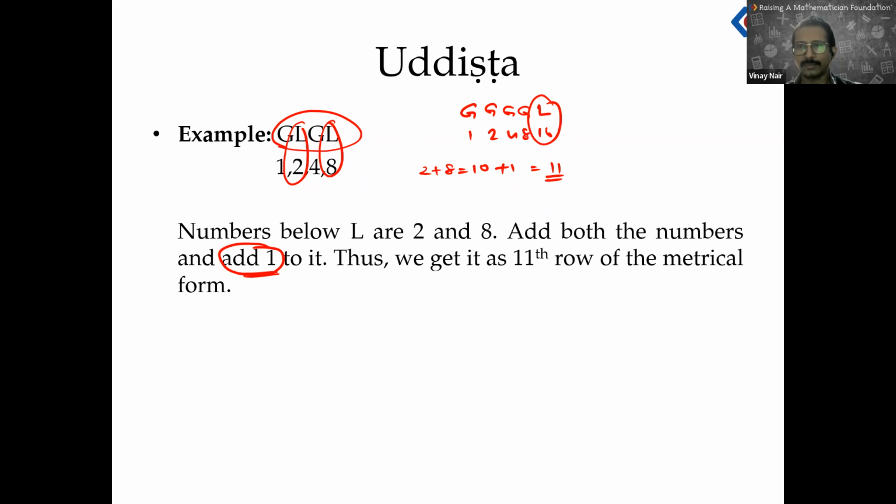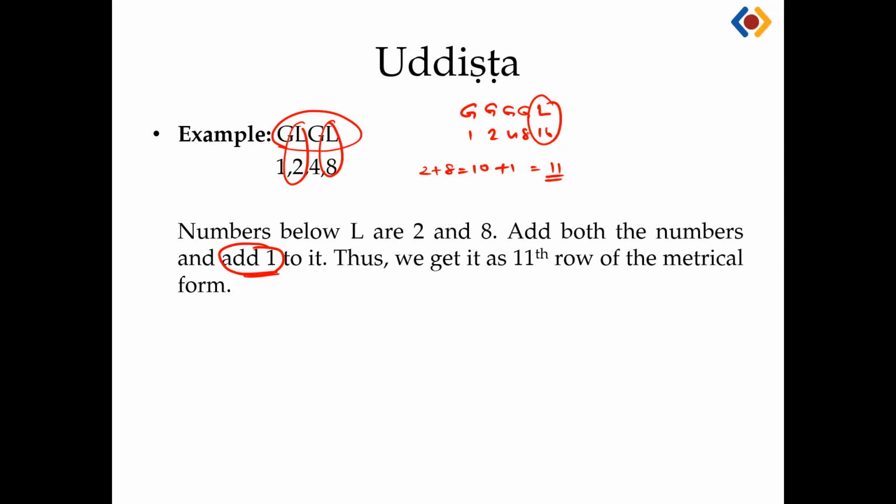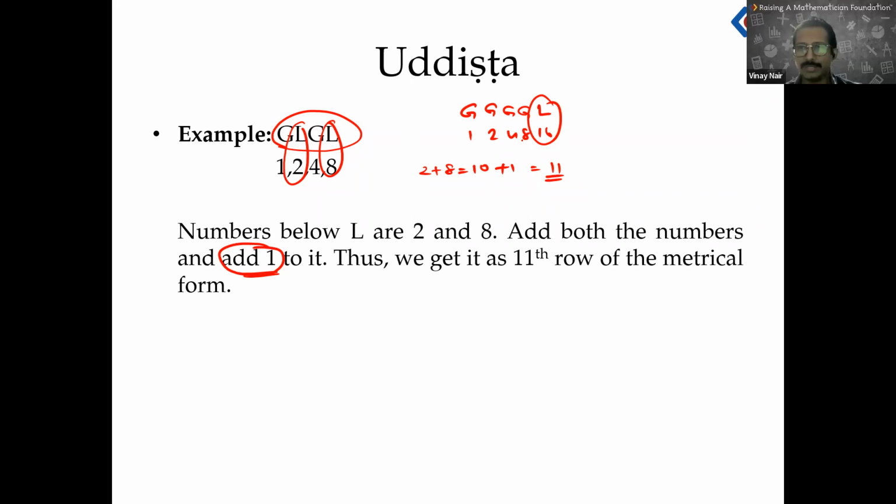Okay, sir. Bhageshri, question? So why do we have to only add up the number below the L? Why can't we add the number below G? So that's what I was saying. Once we understand why these methods are working, we will be able to figure out, oh, that is why we are taking numbers below L and not something else.